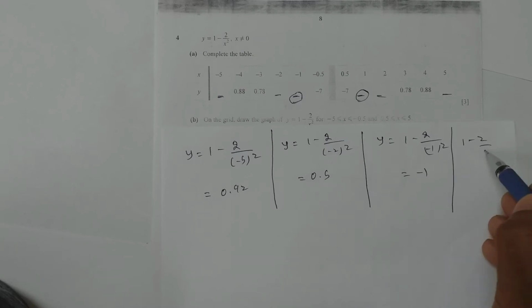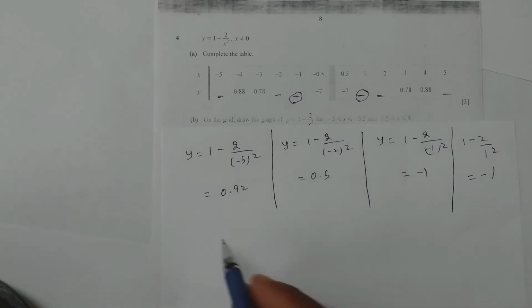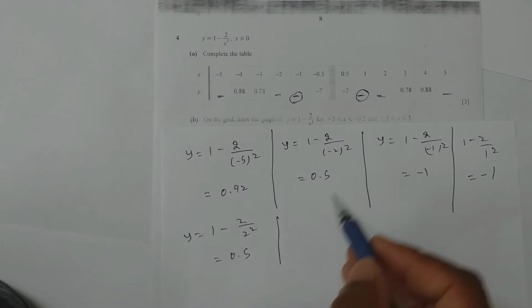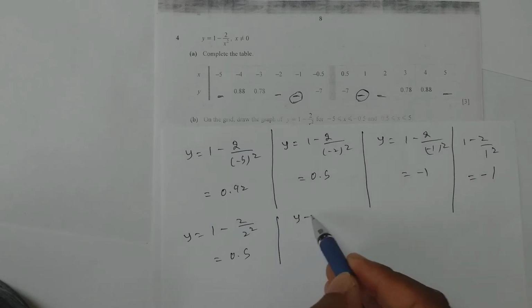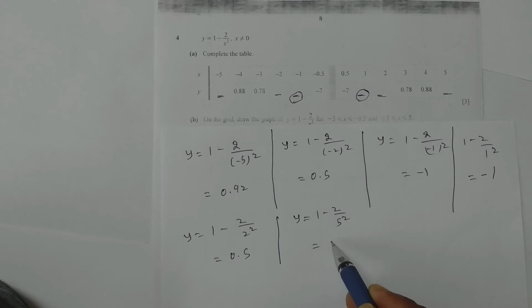So 1 minus 2 by 1 square, which is minus 1. Now to get a value here, 2. So y equals 1 minus 2 by 2 square, which is 0.5. To get a value at last, it should be replaced by 5. So you get 0.92.